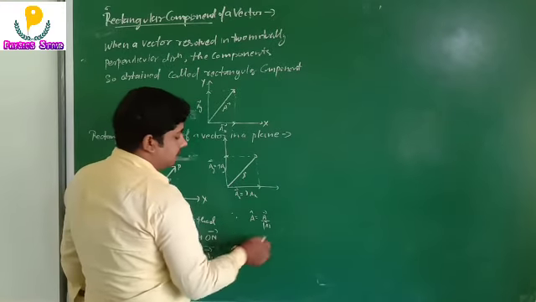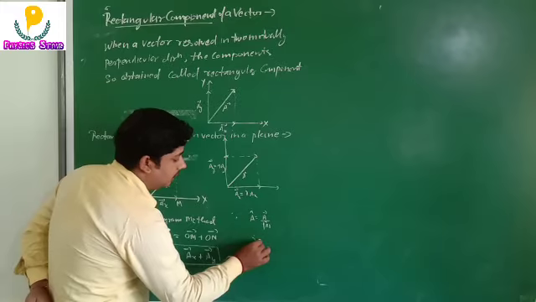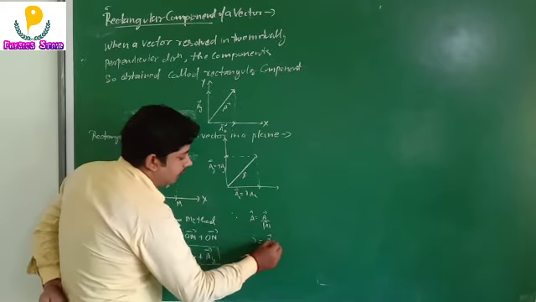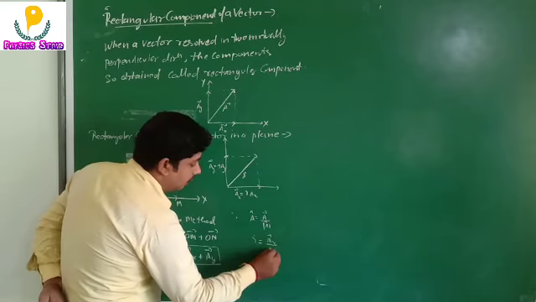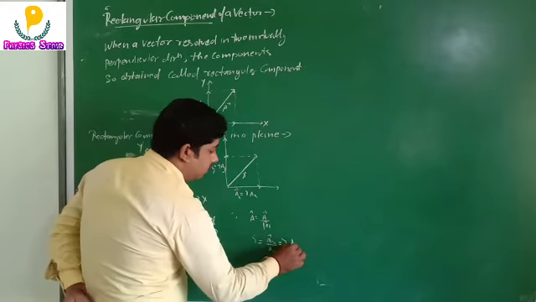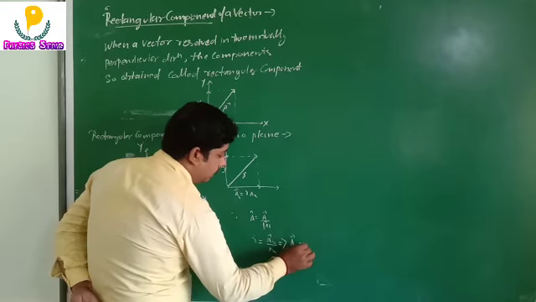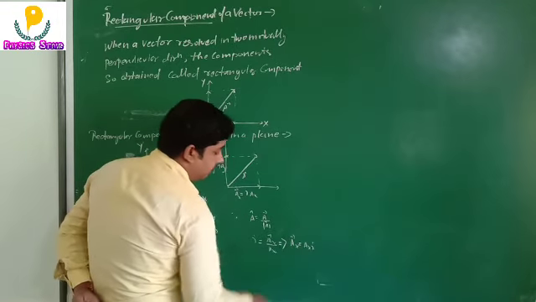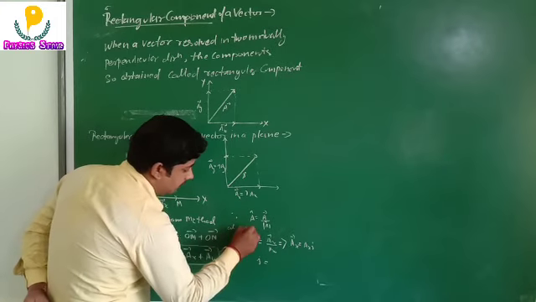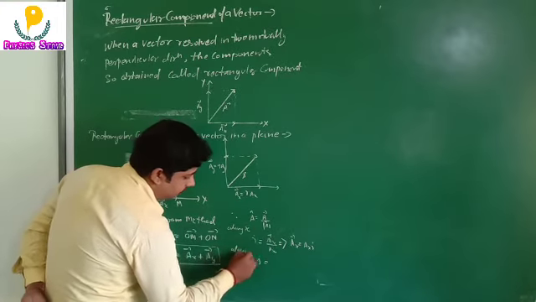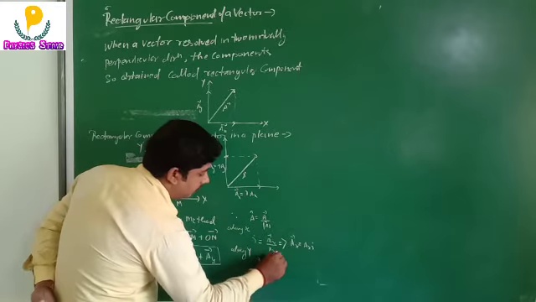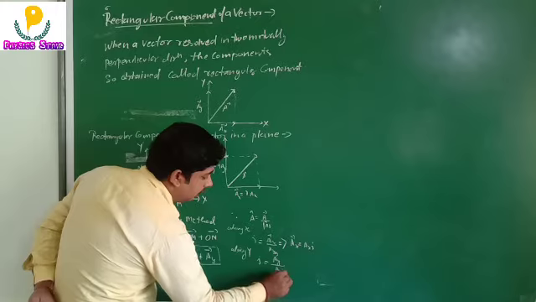So along the x-axis, we have the unit vector i is equal to vector Ax upon Ax, which is the magnitude. From this we can calculate the value of vector Ax, which is Ax i. Along the y-axis, j is equal to vector Ay upon Ay.